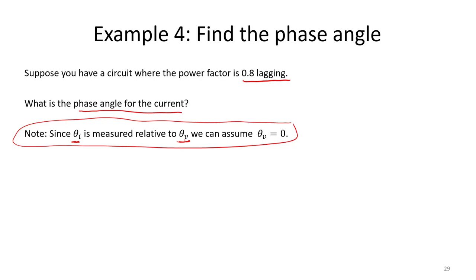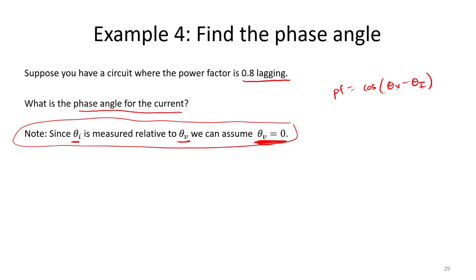So for problems like this, I recommend that you assume your voltage phase angle is 0, because you just need a reference point to compare your current phase angle to. Remember, your power factor can be used to determine the difference between your voltage and current phase angles. So we just need to assume an initial value for the voltage phase angle in order to find our current phase angle.